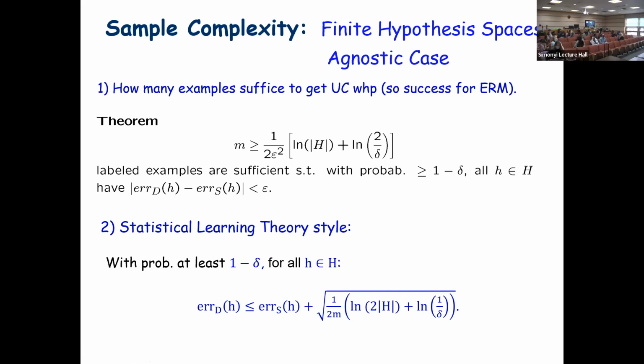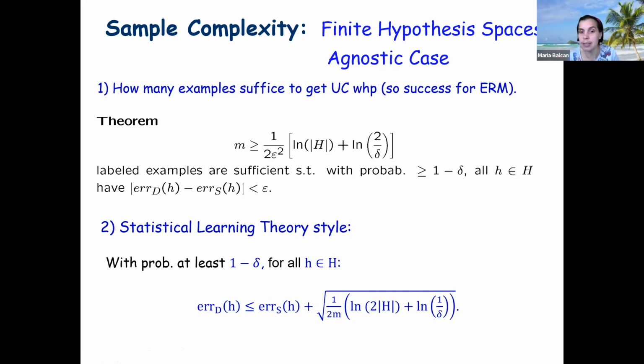So if the target function doesn't belong to the search space capital H, but the algorithm only outputs classifiers from the search space, then what I can guarantee mathematically as a consequence of this bound is that if I do empirical risk minimization, if I find a hypothesis from the search space that has the smallest error rate over the sample, then my algorithm competes with the best classifier from this fixed search space.